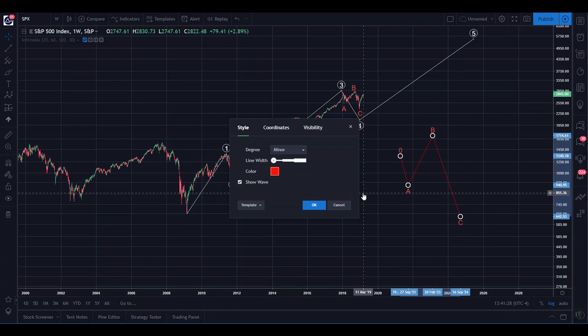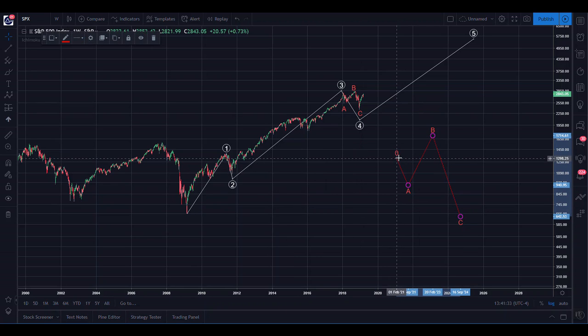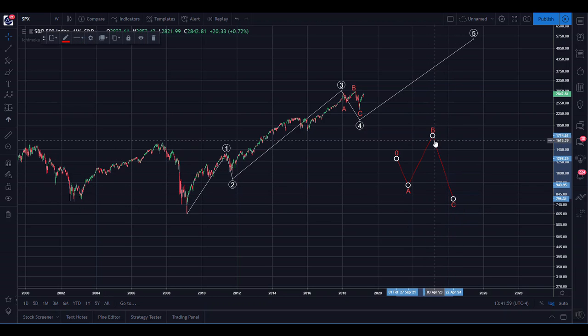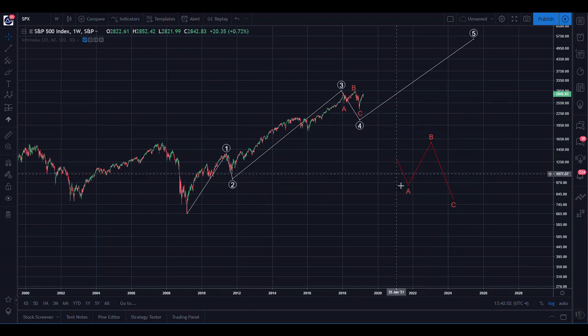It belongs to the family of 3s. And if it belongs to the family of 3s of any kind, whether it be an ABC, flat, WXY, WXYXZ, or ABCDE for triangle, it means it's corrective. It's not impulsive. And an expanded flat means that the B wave rises above the origin of the A wave, and the C wave declines below the low of the A. That is an expanded flat, and that's exactly what we have here at ABC.